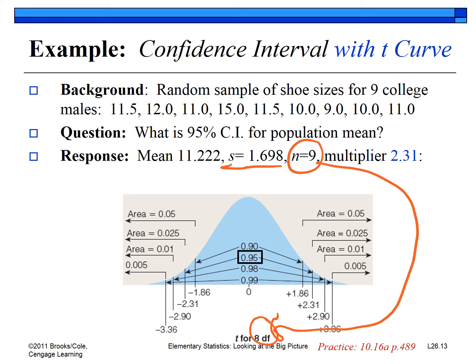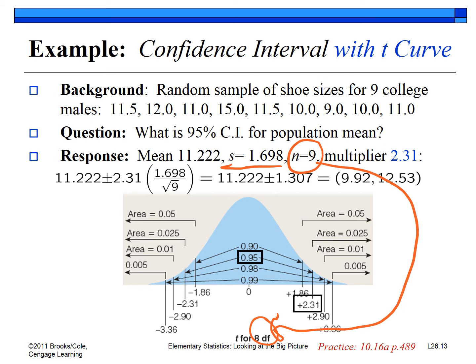If we take a look at this diagram, we see 95% of the area under the t distribution corresponds to a positive t value of 2.31. That's the multiplier for the interval. So our interval is 11.222 plus or minus 2.31 times the standard error, which is the sample standard deviation divided by the square root of the sample size. That gives us an interval from 9.92 to 12.53.